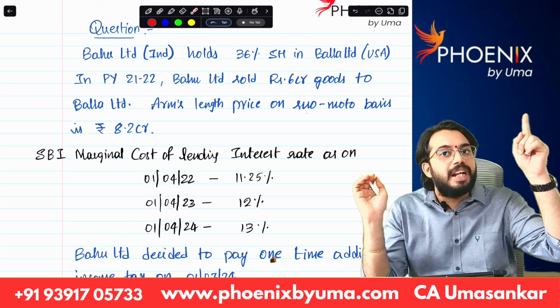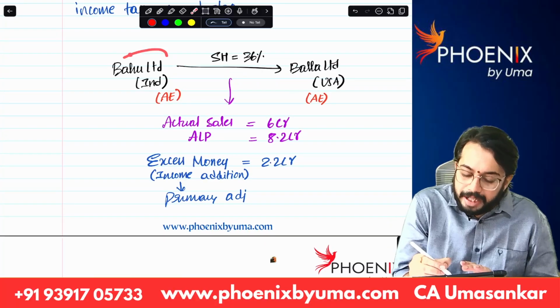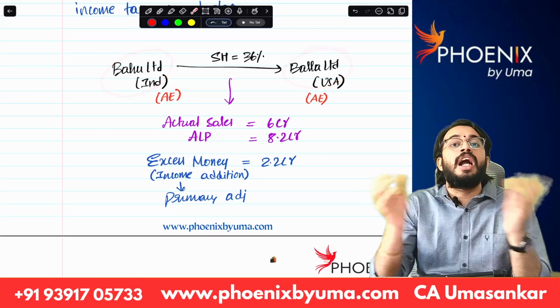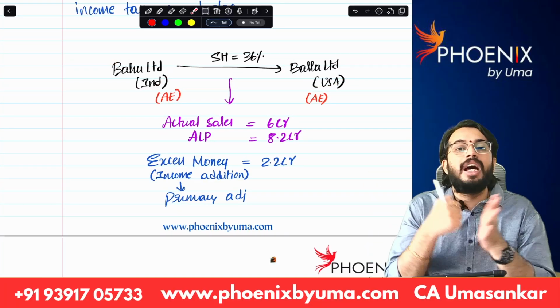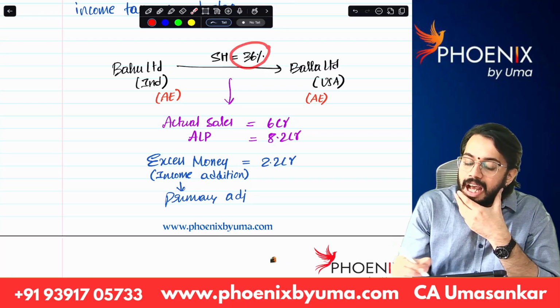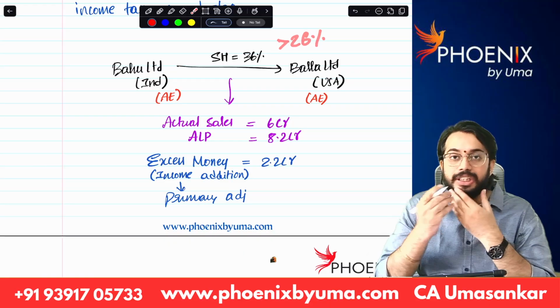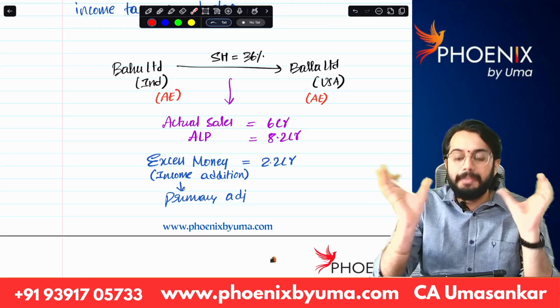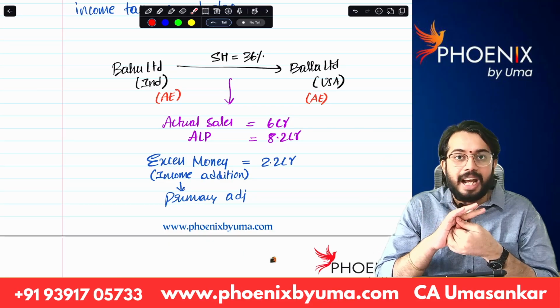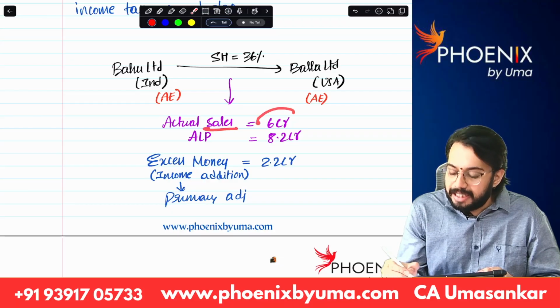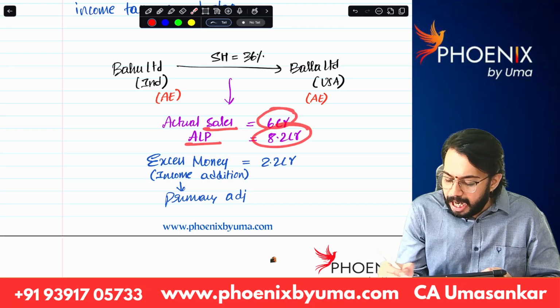Basically in 21-22, first of all, Bahu Limited and Balla Limited are both associated enterprises. Why? Because they hold 36% shareholding, which is more than 26% shareholding. So both are treated as associated enterprises. Actual sales 6 crores, arm's length price 8.2 crores.